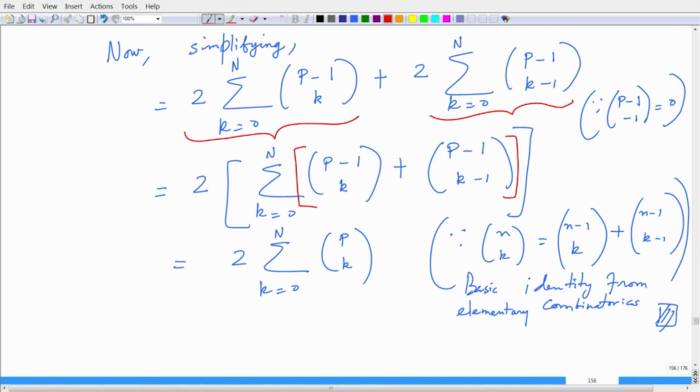Now we use the basic identity from elementary combinatorics, which is n choose k equals n minus 1 choose k plus n minus 1 choose k minus 1. This is the basic identity. Using this, we plug in and land up with 2 times the summation from k equals 0 to n of p choose k, which is the result we have.